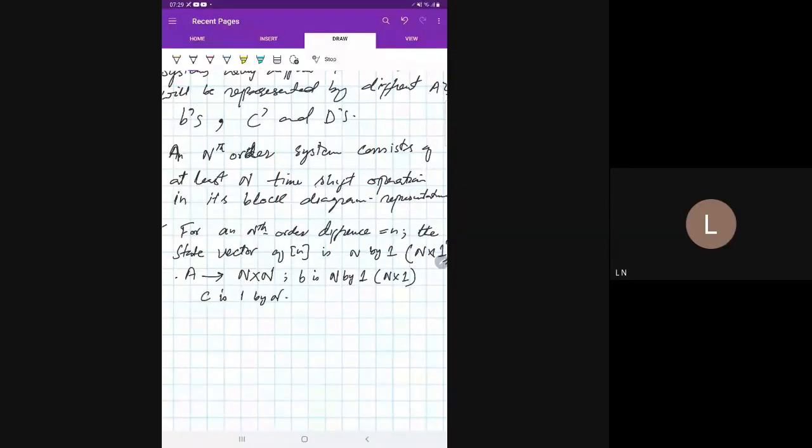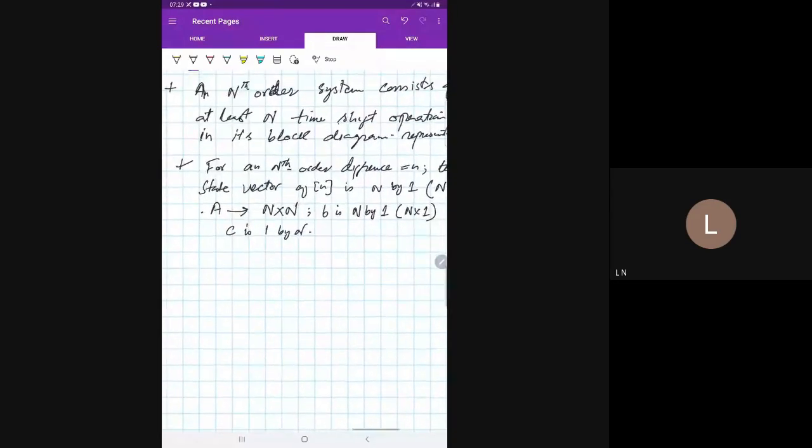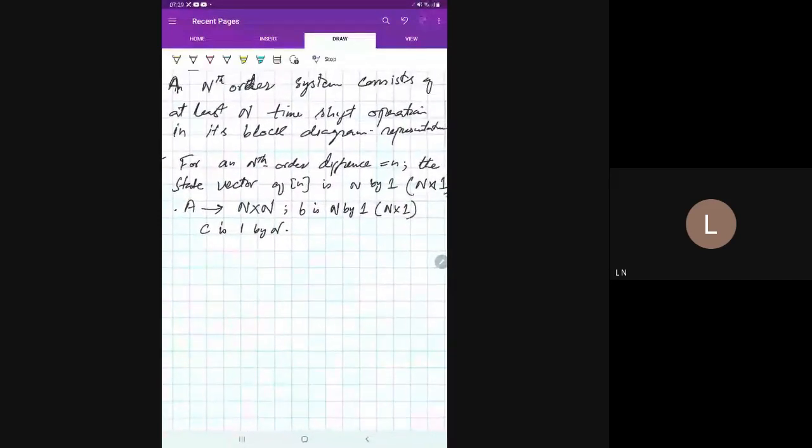So this is just the summary of the discussion that we had in our previous lecture. Now we'll take an example. This will give you a different perspective on the application of these state variable description systems. Suppose an example like this.